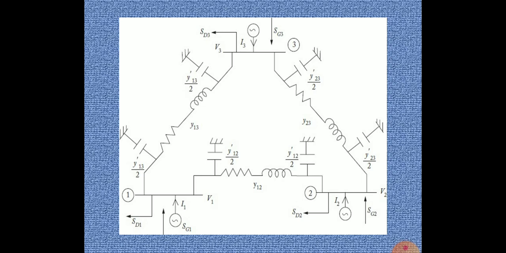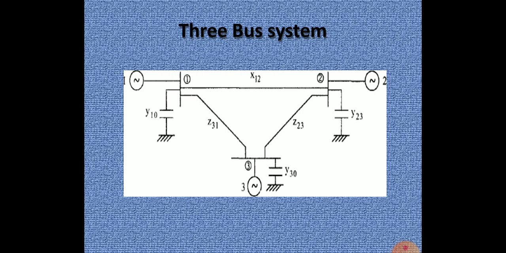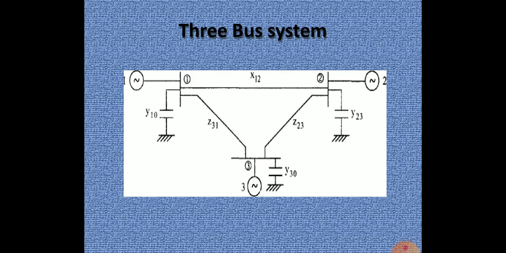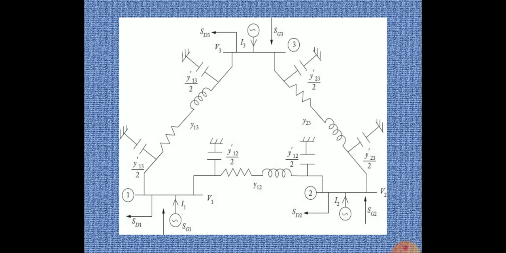a generator is connected across each bus and we have a 3-bus system. The impedance value Z12 in this slide is drawn here in detail. Between bus number 1 and 2, the impedance Z12 is connected, which has an admittance value Y12. Z12 means impedance value, Y12 means admittance value, connected between bus number 1 and 2.